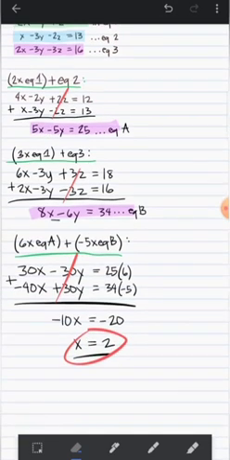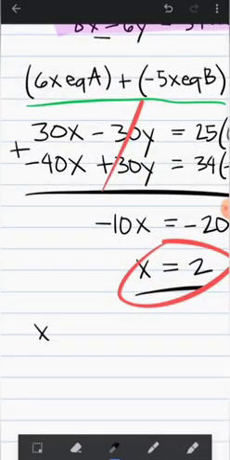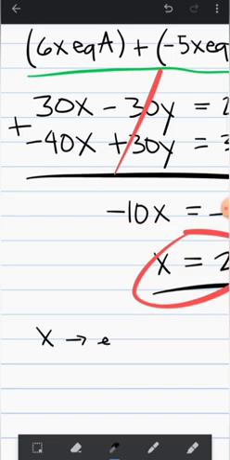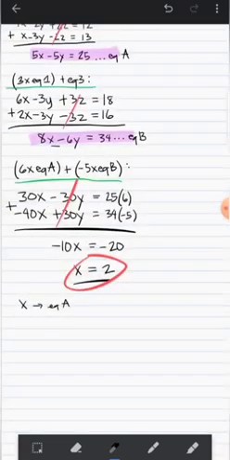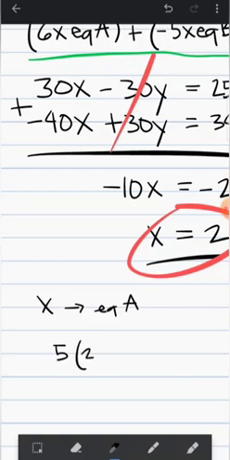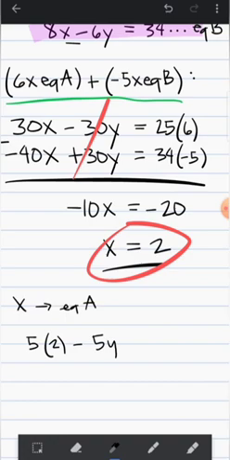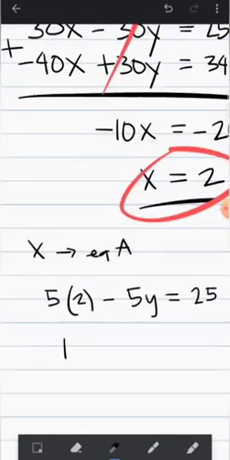So, let's pick equation A. Plugging x into equation A, we'll get 5 times 2 minus 5y equals 25. And so, 10 minus 5y is equal to 25.